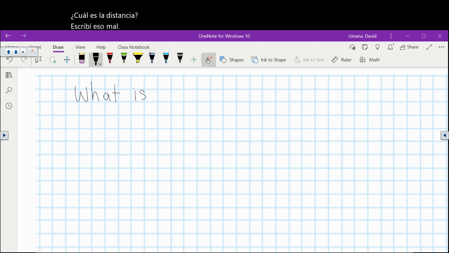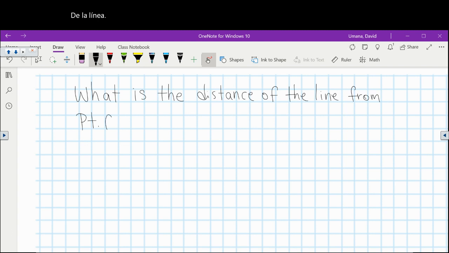So what is the distance of the line from point A to point B?